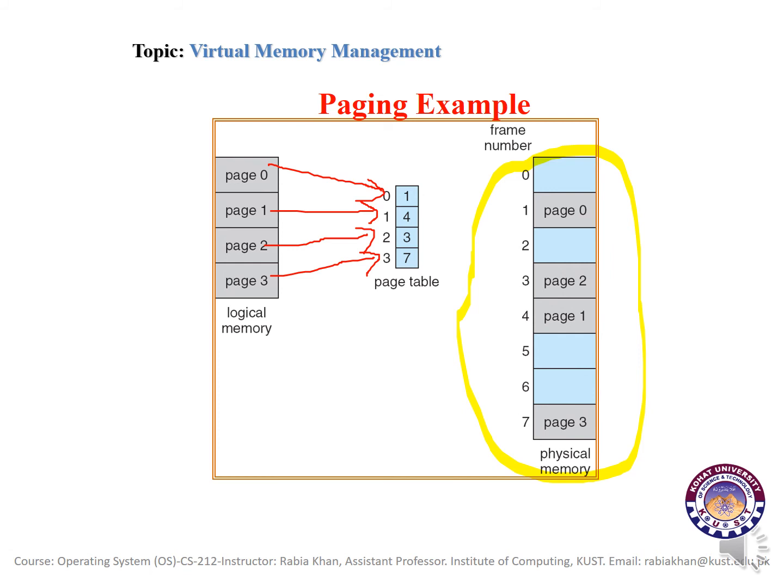We can see page number 0 in frame number 1, page number 3 in frame number 2, page number 1 in frame number 4, and page number 3 in frame number 7. So this is related to the information present in the page table.